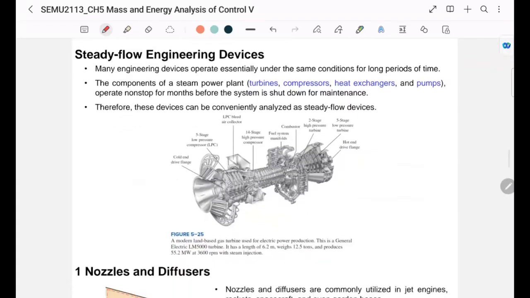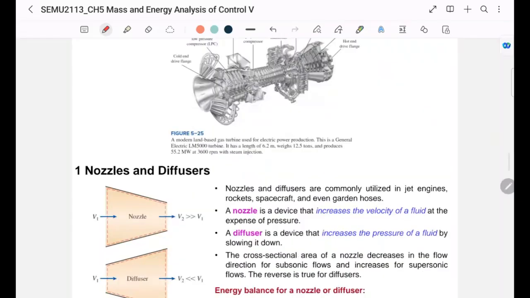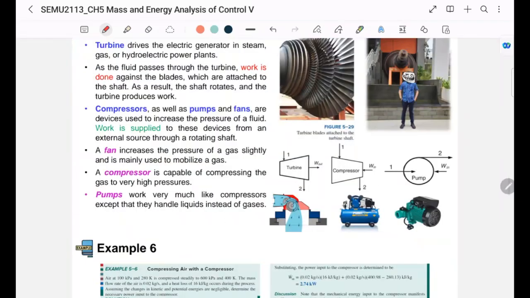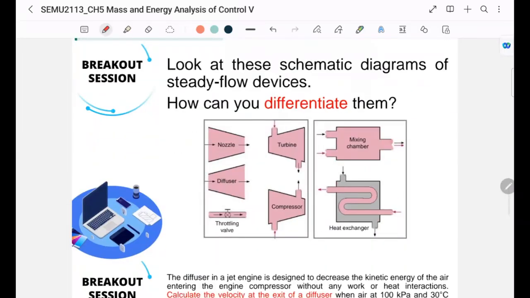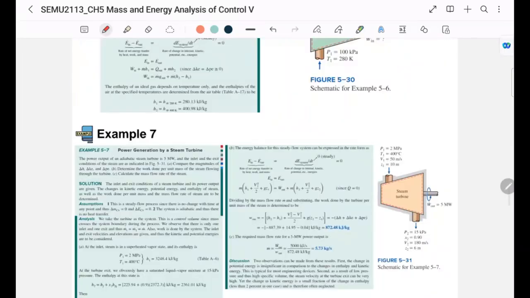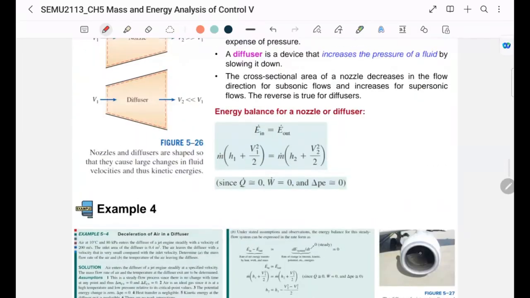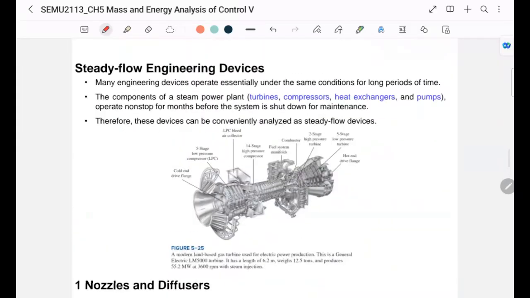So let's look at a few steady flow devices then. In fact, there are quite a few examples, so it's quite long. And I notice it's already 9:30, so I trust that it's also quite tiring by now.